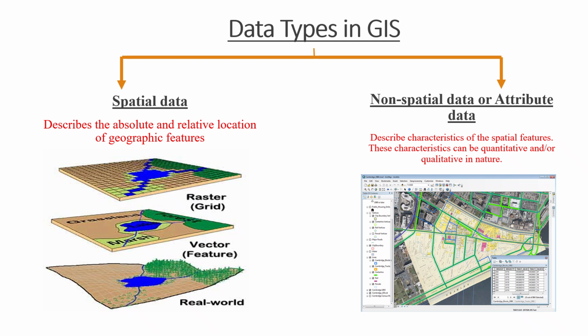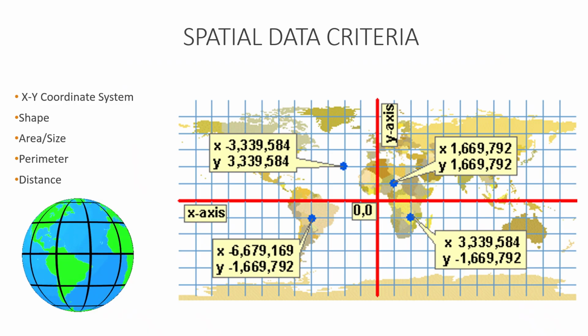In simple terms, spatial data provides the location and attribute data provides the description. Both types of data are essential in GIS because together they allow users to analyze patterns, relationships, and trends for better decision-making.